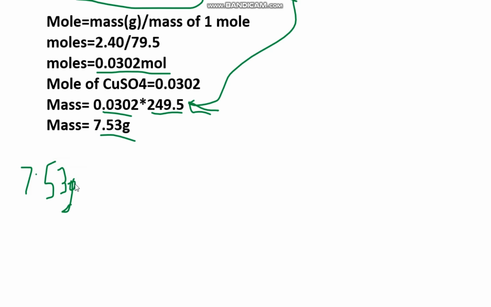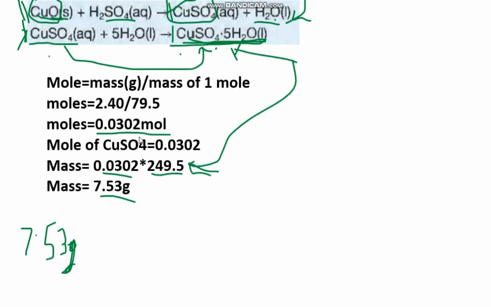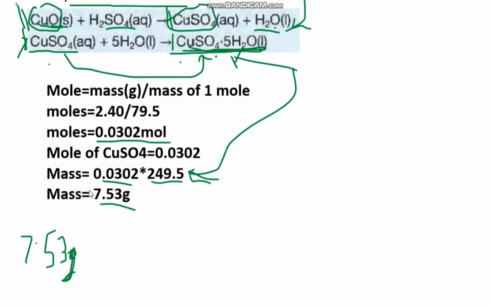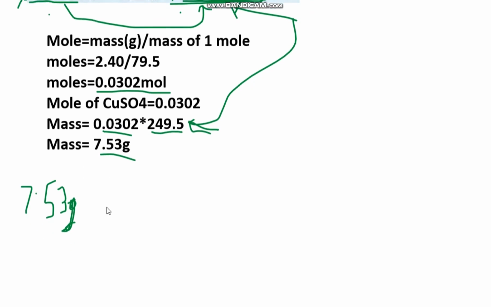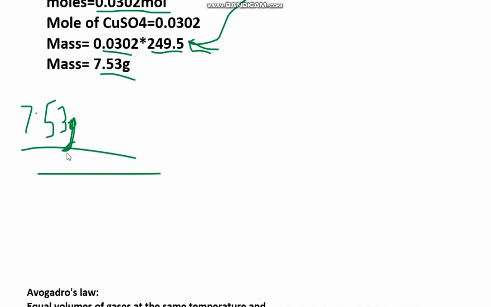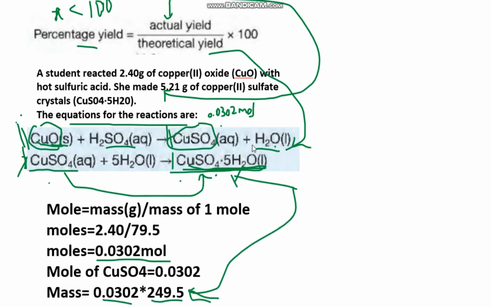In my school papers and all the papers I've done, when these questions came up, I used a short method: just find the moles of this one, do a deduction, and then use multiplication to find the mass, and this is the mass I found. It is too hard to do in the long way, so I used a shortcut method.